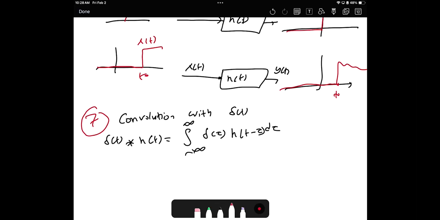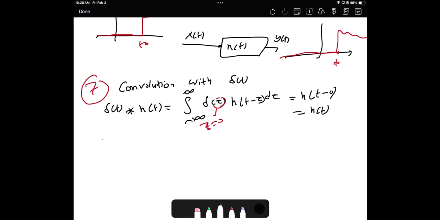Look inside the delta, make it equal to 0, so tau equals 0. Therefore, you will substitute tau equals 0. It will be h of t minus 0. In other words, it will be h of t. Okay?